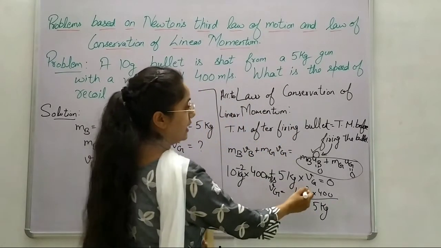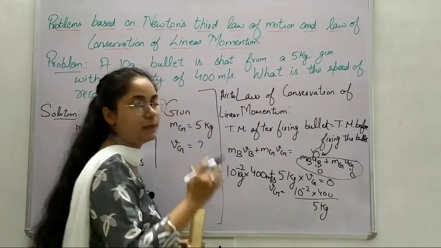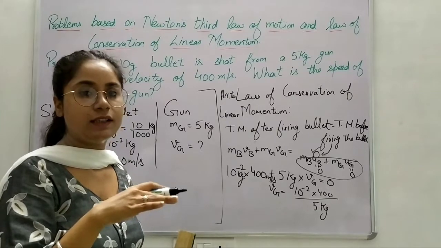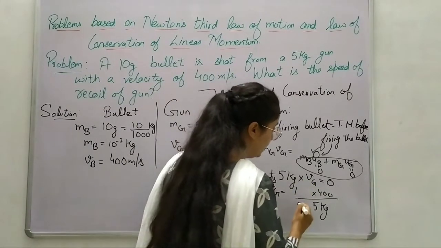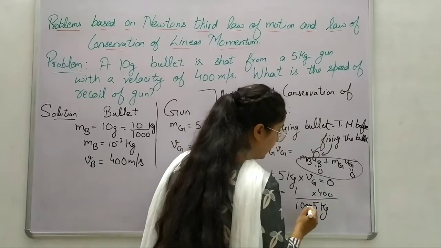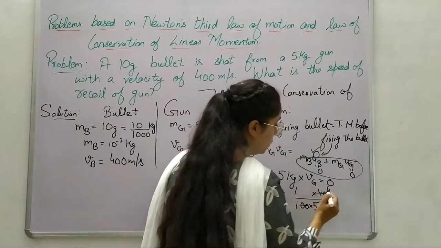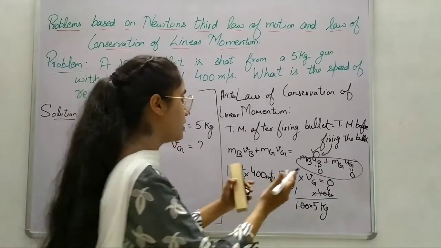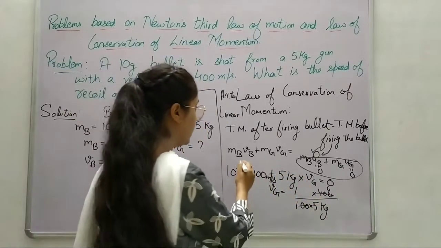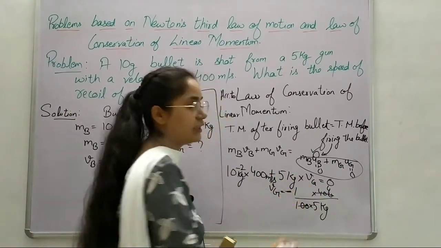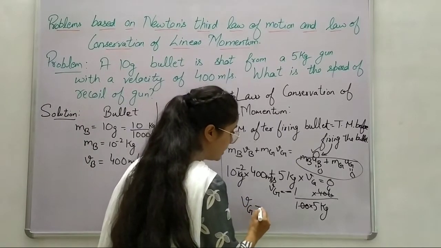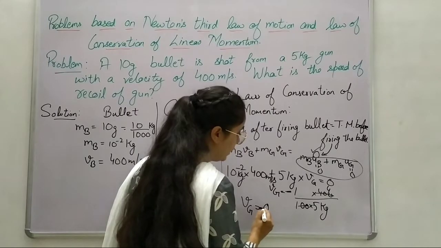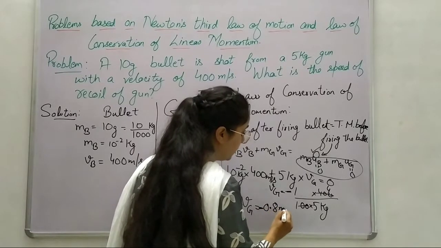Now this 10 to the power negative 2 means 1 upon 100. Now 100 fours are 400, so this is 4 upon 5. Also this whole term is going to this side, so there would be a negative sign, right? So we are required with the recoil velocity as negative 0.8 meter per second.